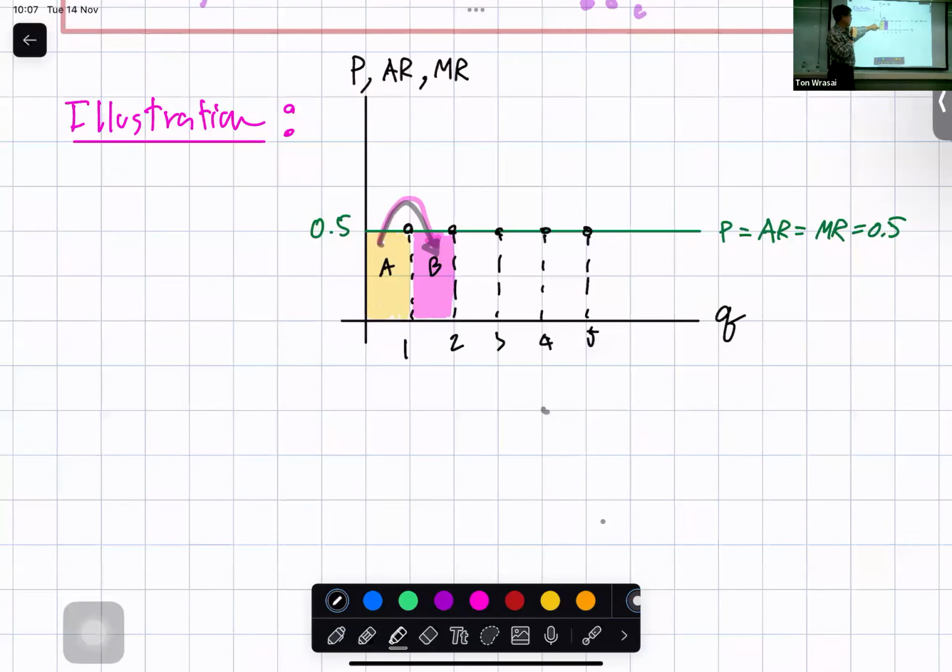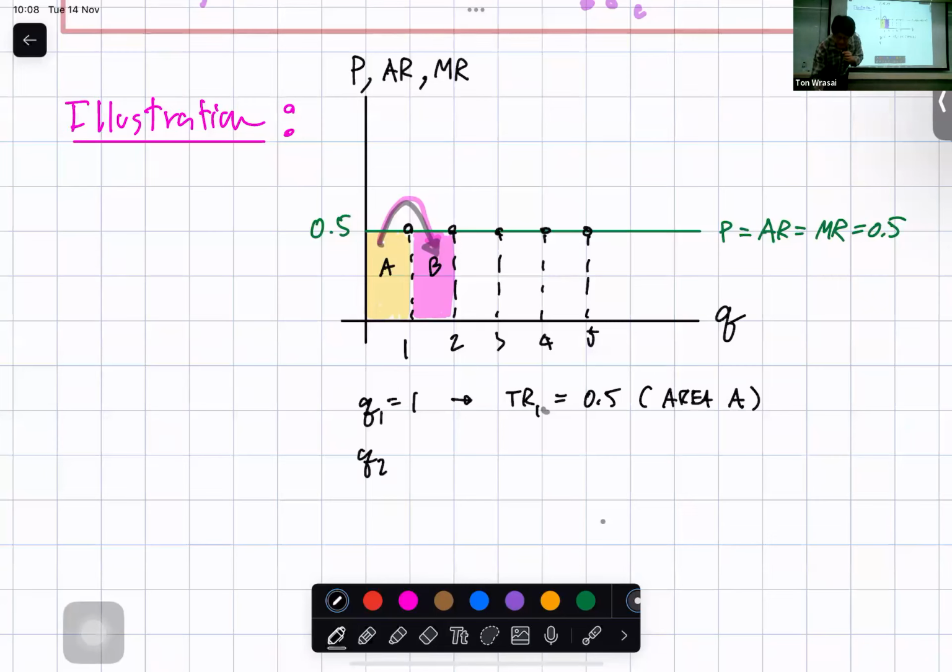If you sell one page, you got area A. That's your revenue. We got area A as the total revenue, 50 stang.